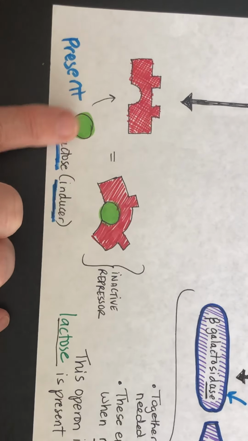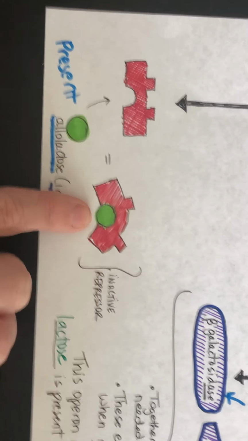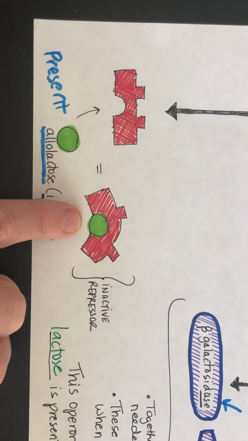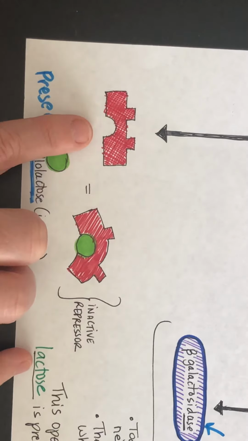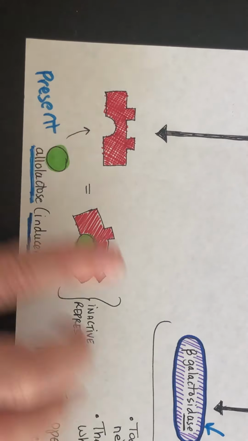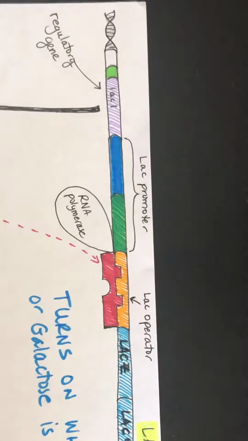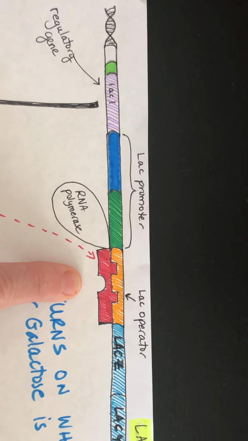It'll be gone. There won't be any green dots. The green bubble helps change the shape of our repressor. So if there's no more green bubbles, our repressor is going to be back to the correct shape, and this whole process will get blocked and it will be back off.